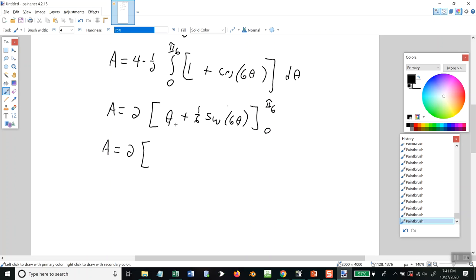Okay, so I'll plug in pi over 6. So I got pi over 6 plus 1/6 sine of 6 times pi over 6, minus, plug 0 in, I got 0 plus 1/6 sine of 6 times 0.